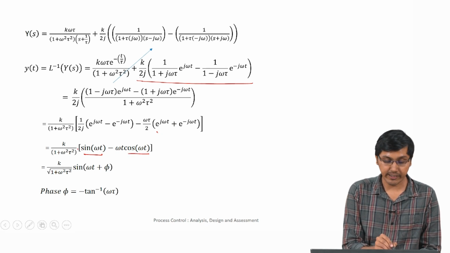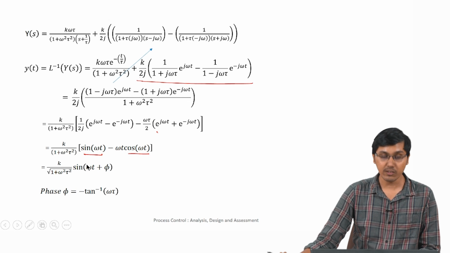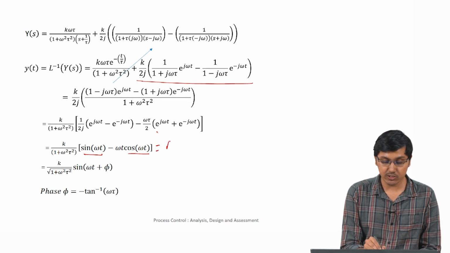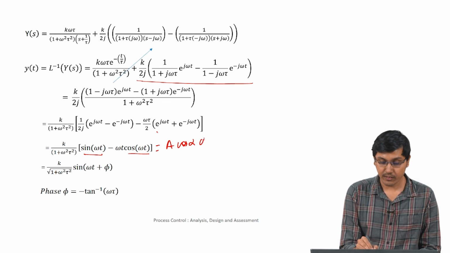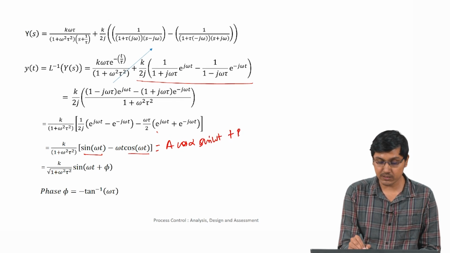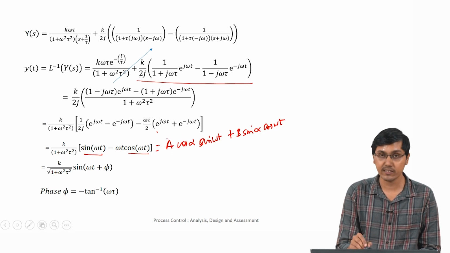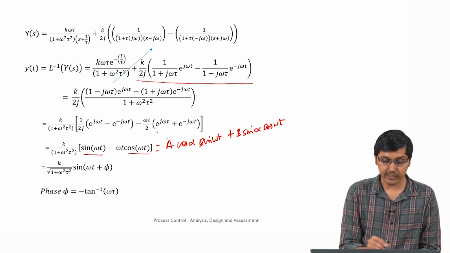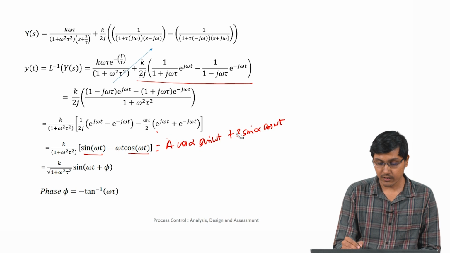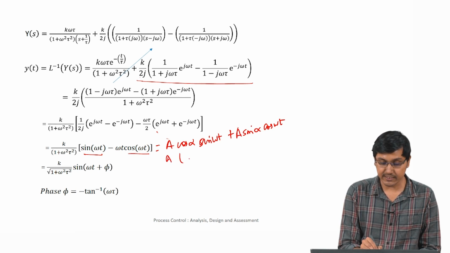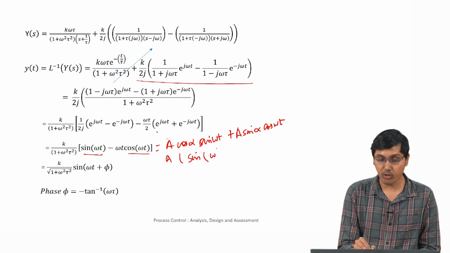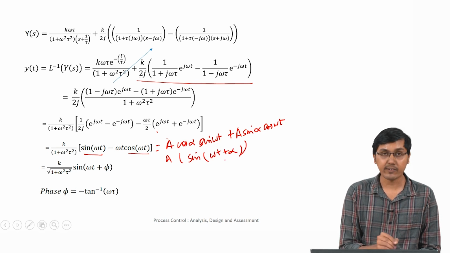So this is what we get as a final form, and then we can further simplify it by equating this to a cos alpha sin omega t plus a sin alpha cos omega t. If we equate these two equations and find values of a and alpha such that this equation is the same, then we can simplify this as a into sine of omega t plus alpha. That's what we are trying to do here.